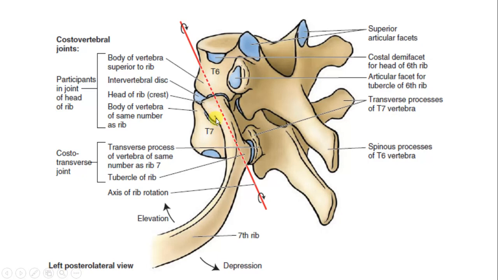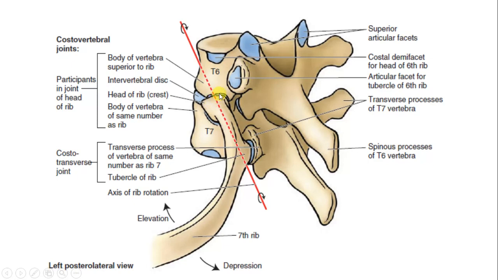One joint of the T7 vertebra is with the lower facet, the head of the rib, and the other joint is with the transverse process and the tubercle of the rib. So 5, 6, 7 joints are present here for one vertebra.